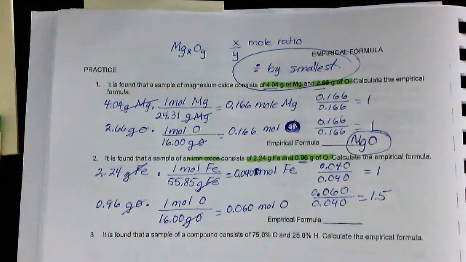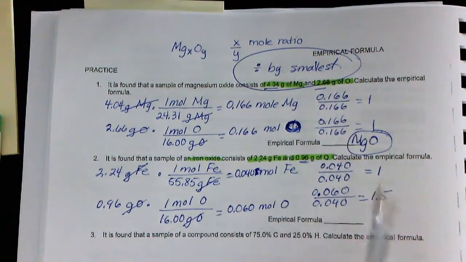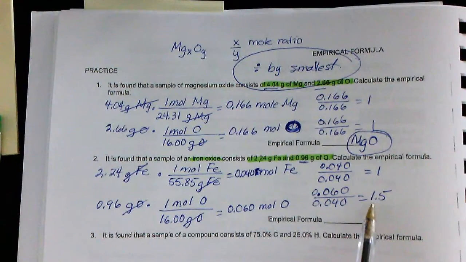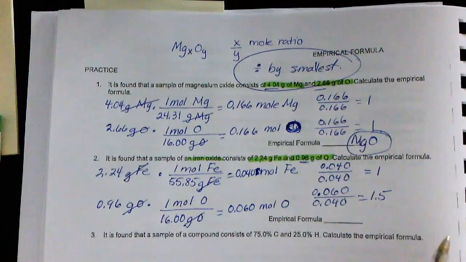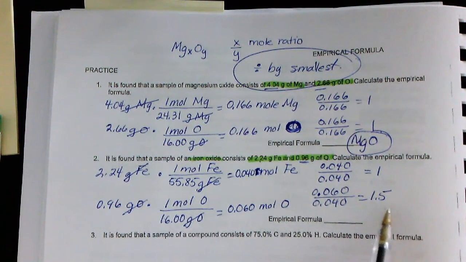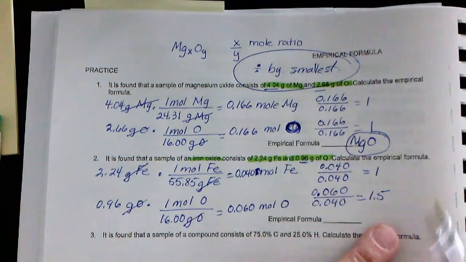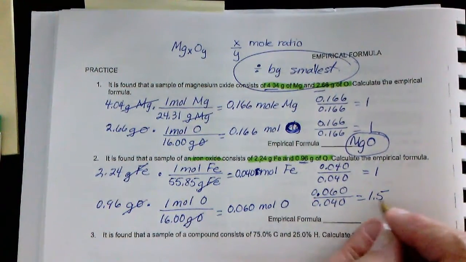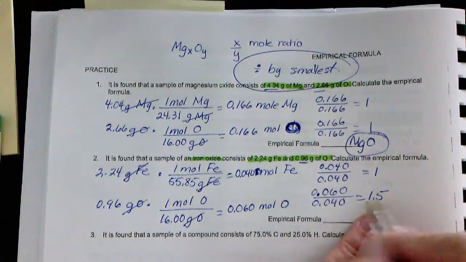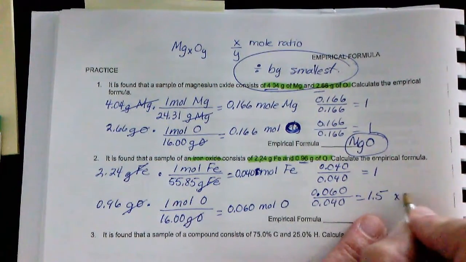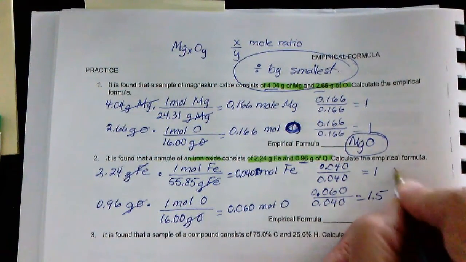Now, there are some rules to tell you about. If the number here divides out, and it's pretty close to a whole number, like if it was in the 0.8s, 0.9s, I'd just go ahead and round it up to the next number. If it is 0.5 though, that's considered right in the middle and we really don't know what to do with it. So what we're going to actually end up doing is doubling it, because this is 0.5. So if I double it, I get a whole number, right?